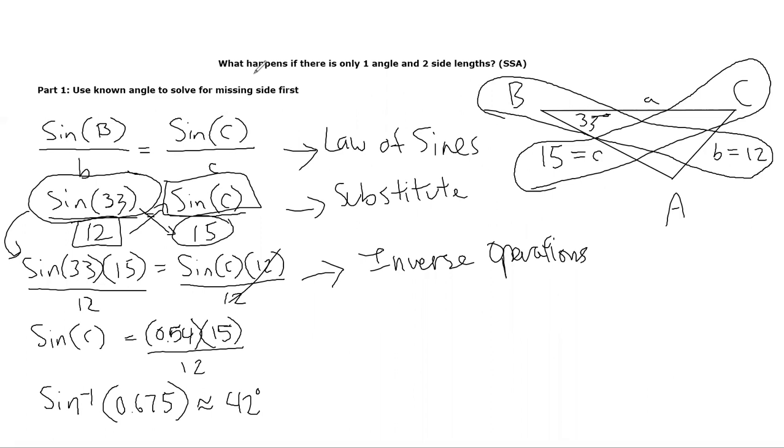That's going to give me a decimal of 0.675. That is not my angle. My angle is not 0.675. That whole fraction, if you do it on your calculator, ends up being 0.675. That doesn't make any sense.